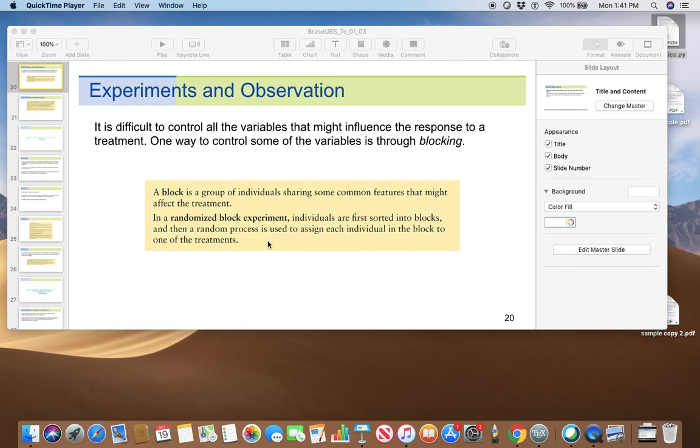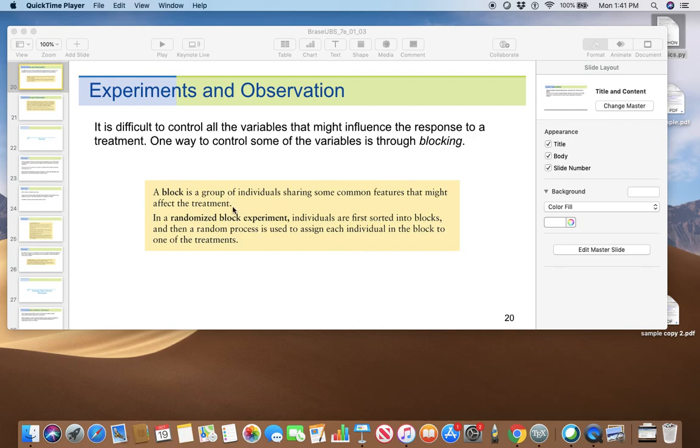So, what would you do? Look at your patients. You'll divide them into diabetes and non-diabetes blocks. Within each block, you'll randomly choose people for your treatment or for the placebo. You see? So, this is an example of a randomized block experiment.